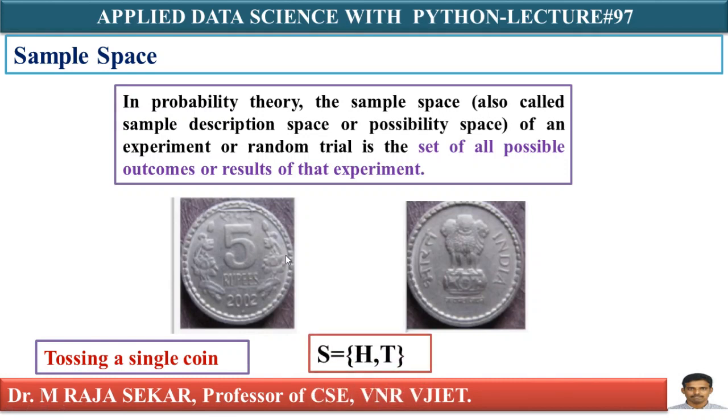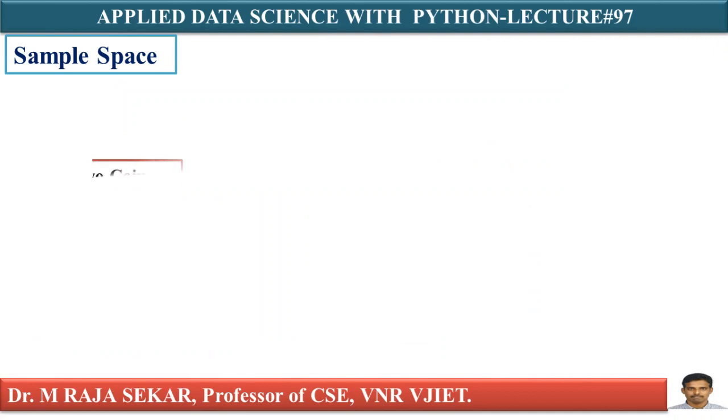If you write all those possible outcomes in a set, that is sample space. Head is one possibility, tail is another possibility. I am keeping all these possibilities in a set S. Therefore, this set S is sample space for a random experiment of tossing a single coin.